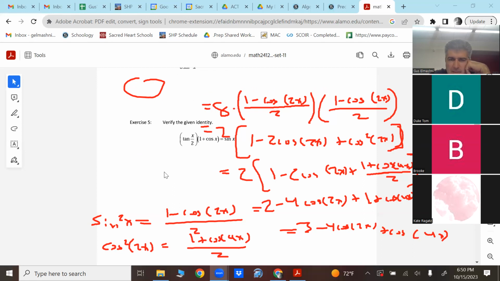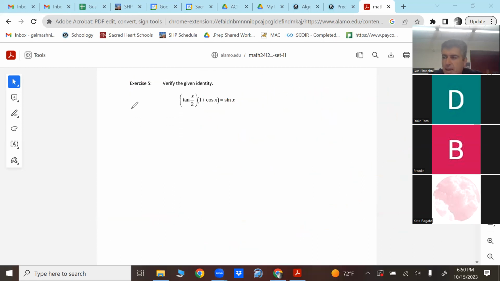That next one's kind of easy. I mean, if you don't remember the half angle formulas, you can always derive them. Like for example, I believe that's correct.